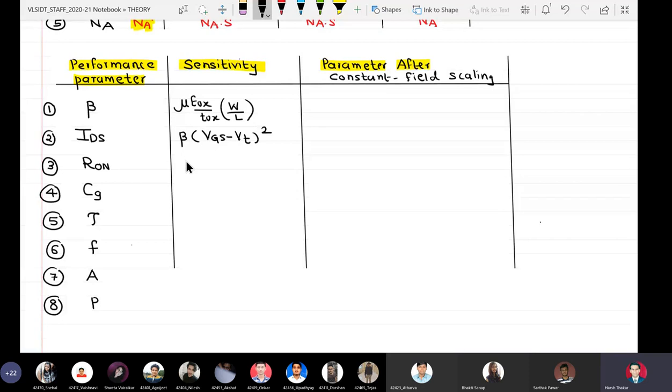R on is equal to VDD upon IDS. Gate capacitance is equal to epsilon A over D, so it is epsilon ox into area, which is width into length, upon T ox.